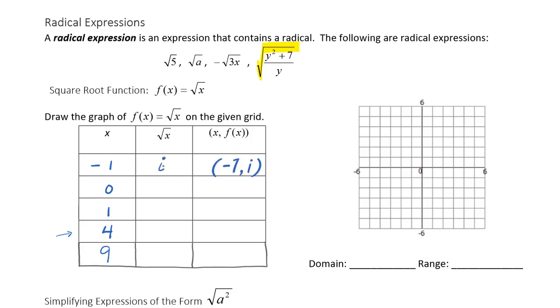If we took the square root of -1, we would get an i. And again, we cannot graph complex numbers on our Cartesian plane. So we're going to cross this one out as an example of something we can't graph on our current plane. If we took the square root of 0, we would get 0 out.